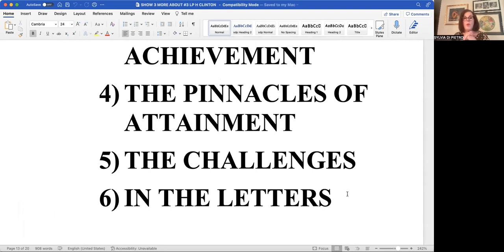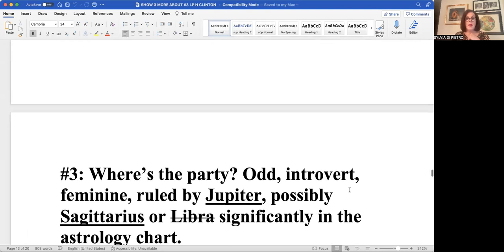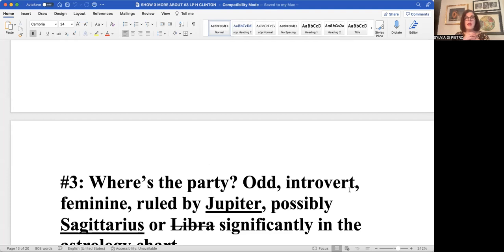And we know that the number 3 also carries the vibration of the 3rd letters in the alphabet, and that is a C, an L, and the U.